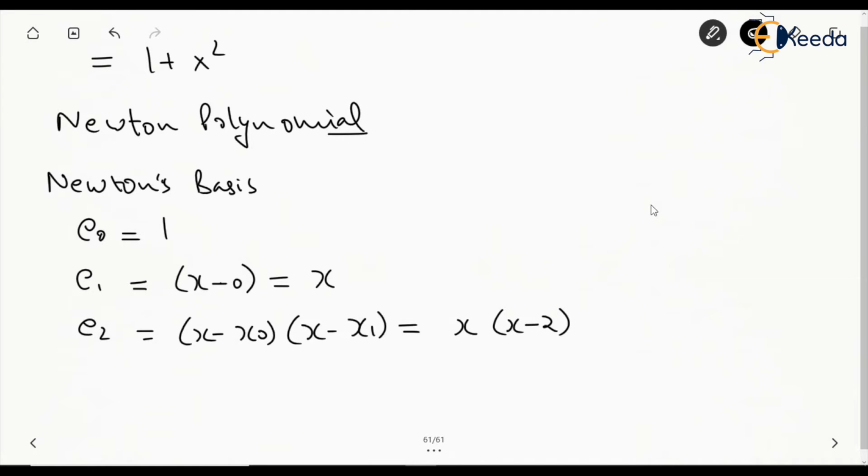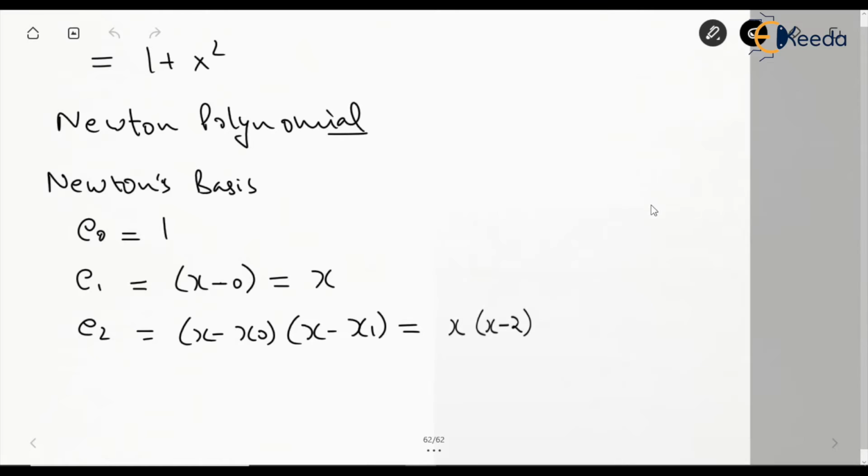So this will be x into x minus 2. What more we need to know is the alpha j. So we have x naught equal to 0, x1 equal to 2, and x2 equal to 4.